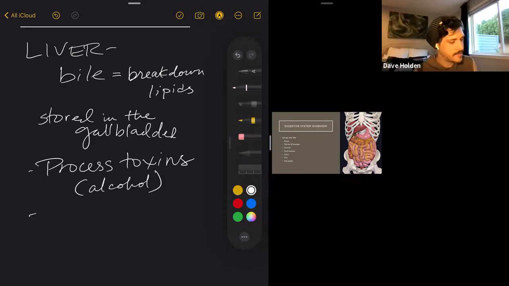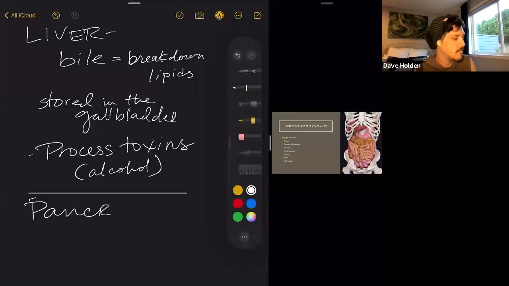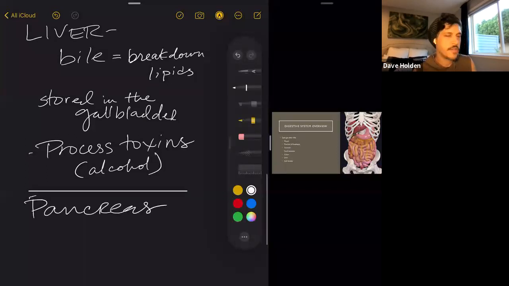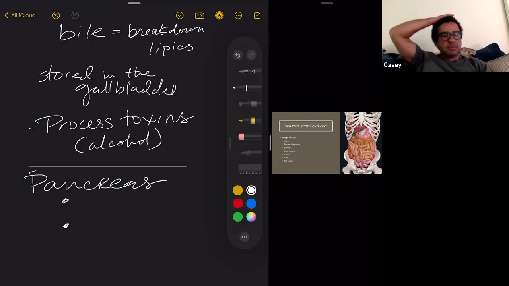All right. And the last one that I would want to talk about is the pancreas, since we're talking about digestive organs. What are the 2 main hormones that the pancreas produces? Insulin, number 1.